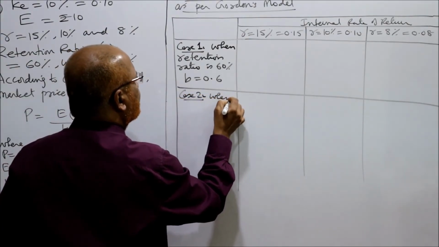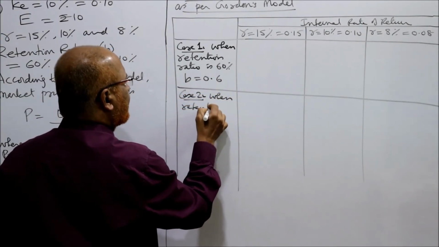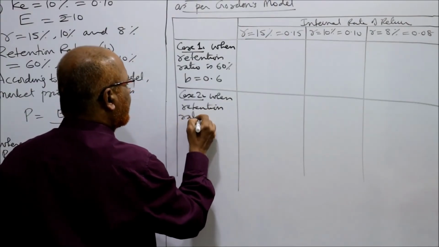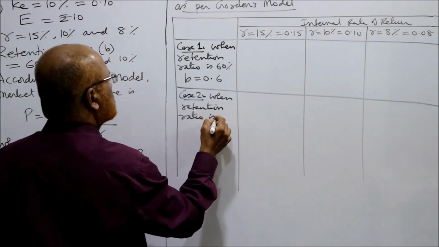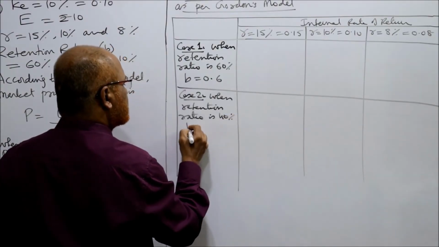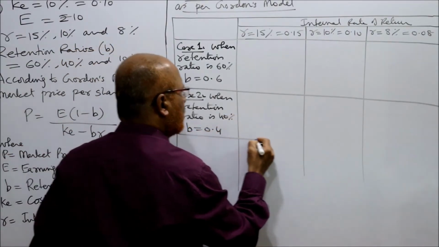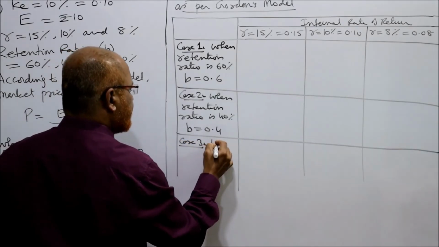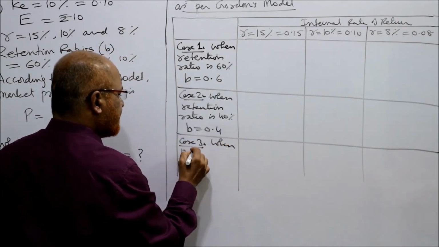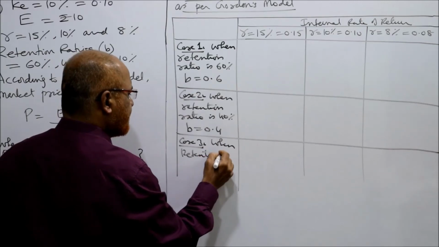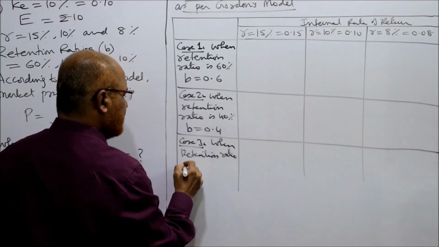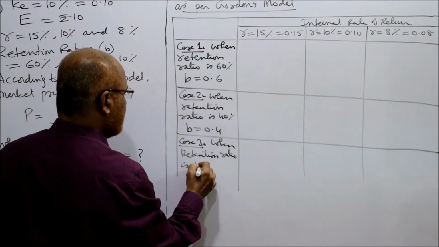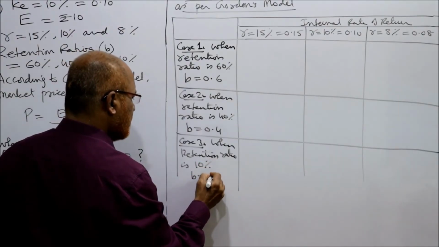Case 2, when retention ratio is 40%, B is equal to 0.4. When retention ratio is 10%, B is equal to 0.1.